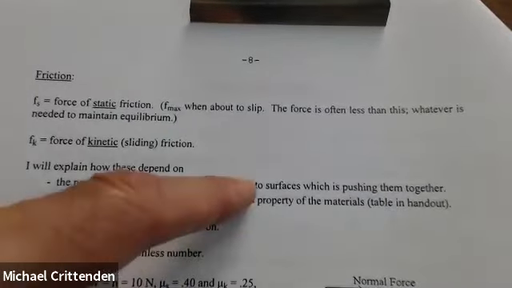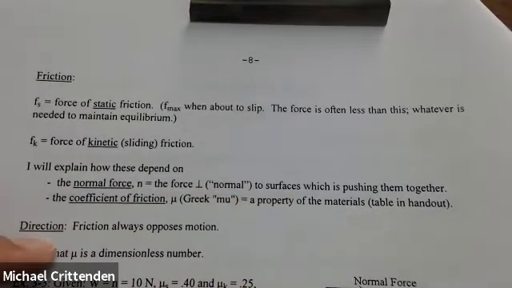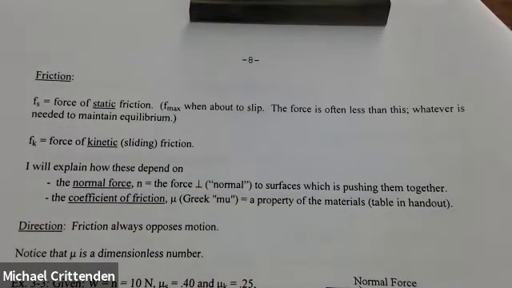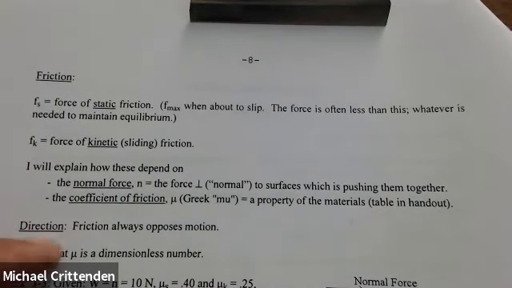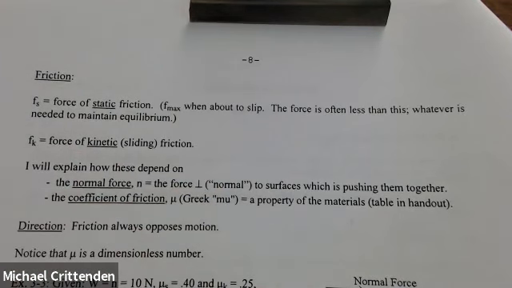That's why it's called the normal force. All of this was about how to find the magnitude of the friction force. For the direction, friction always opposes motion.